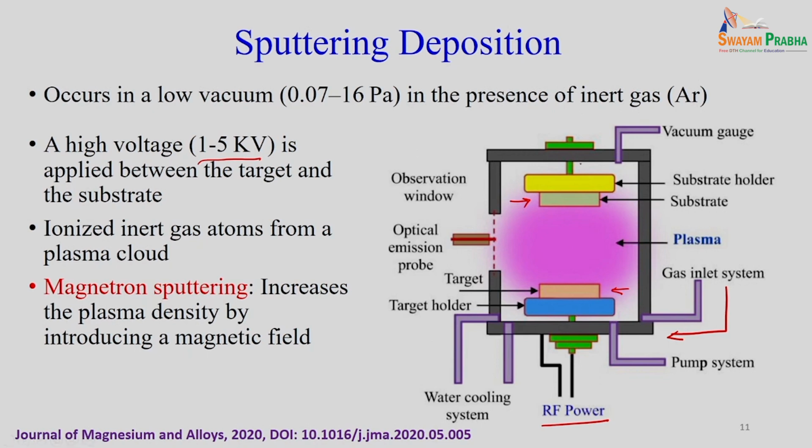Once we apply very high RF power, these gas molecules get ionized, and this ionized inert gas forms a plasma cloud. In the plasma cloud, the target is evaporated and gets deposited on your substrate. So, this is operated in vacuum, and the pressure lies in the range of 0.07 to 16 Pascal.